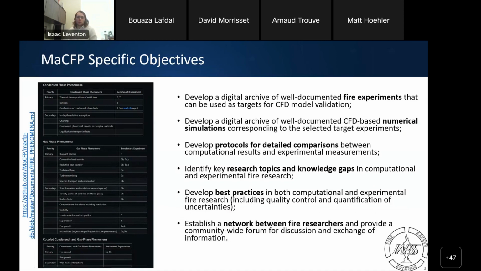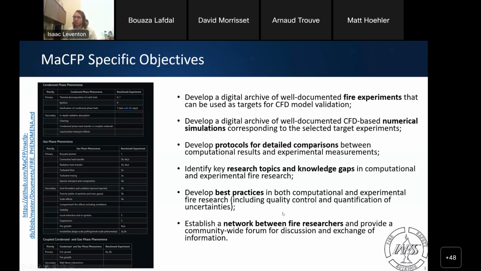MaCFP is the Measurement and Computation of Fire Phenomena Working Group, and our core objectives are to develop a digital archive of well-documented and well-prepared fire experiments that we can use for CFD fire model validation, and a corresponding archive of simulation results predicting these behaviors.